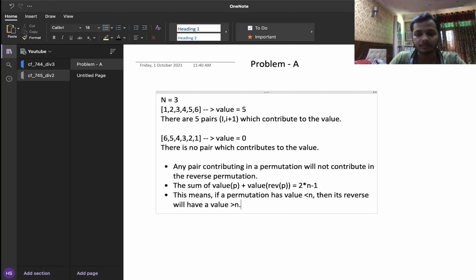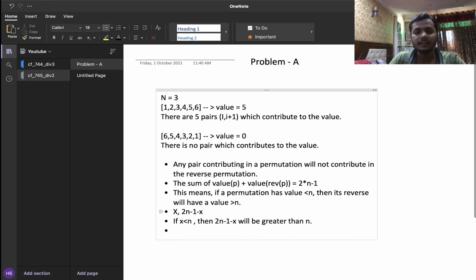And why is that? Because if a permutation has value of x, then its reverse will have a value of 2n minus 1 minus x, right? And if x is less than n, then 2n minus 1 minus x will be greater than n.